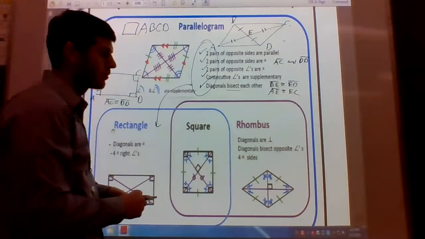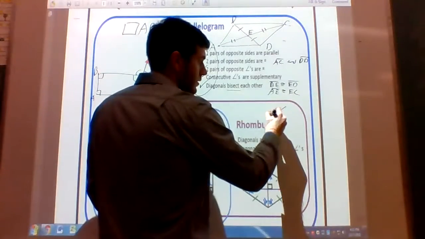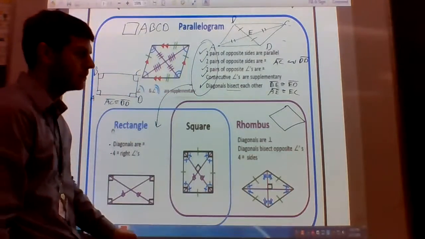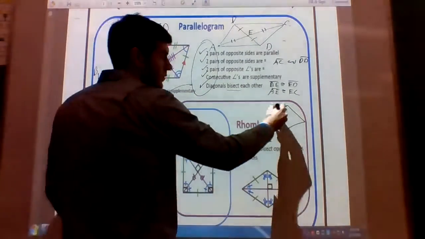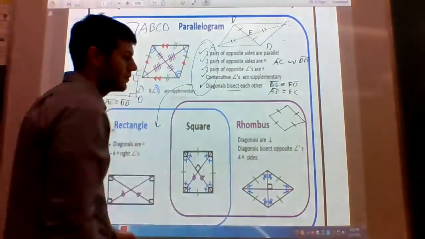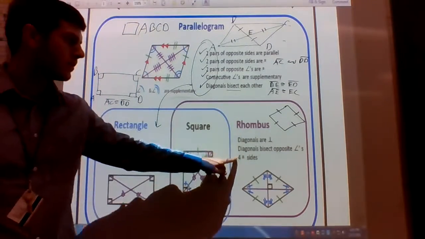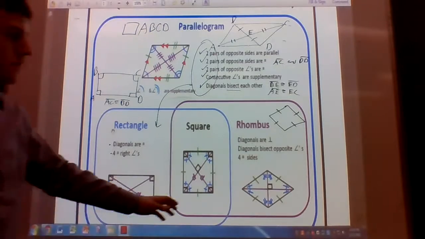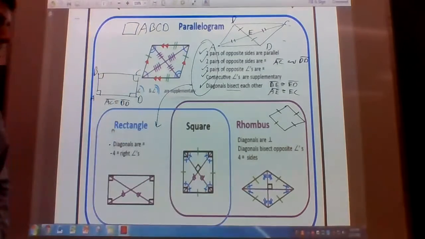Then we also have rhombuses. So again, a rhombus is defined as having 4 pairs of congruent sides. That's how we define a rhombus. But if you notice in this diagram, we see the other 2 properties it has besides having 4 sides that are congruent.